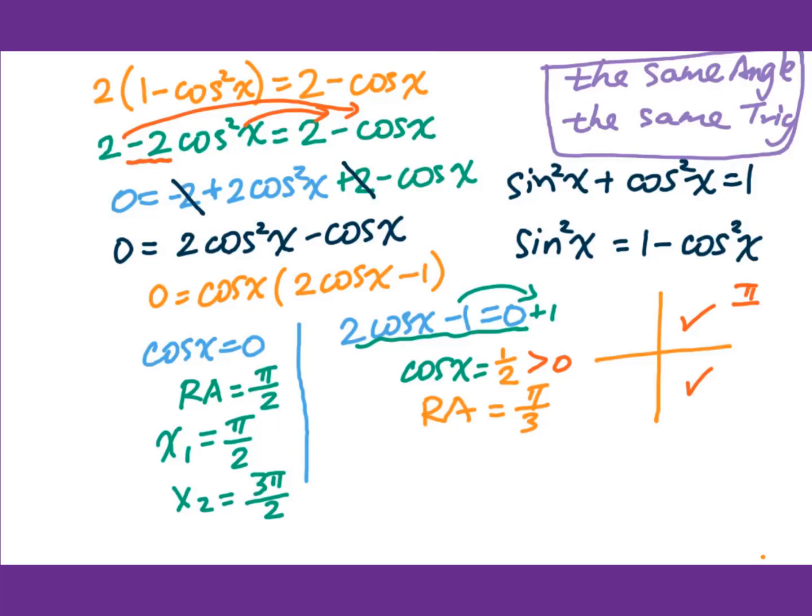So we got pi over 3 and 5 pi over 3. Look at the angle, that's x. So we got x3 equals pi over 3, x4 equals 5 pi over 3.